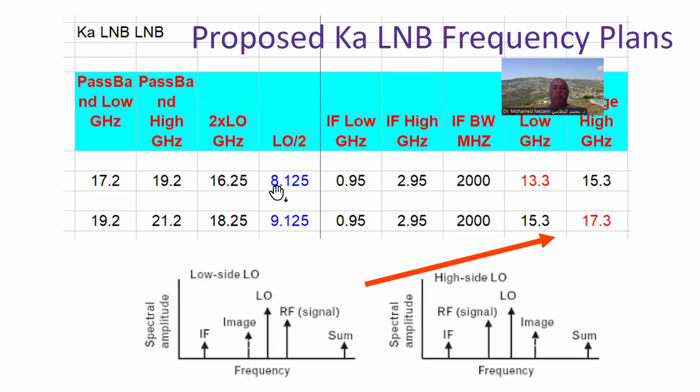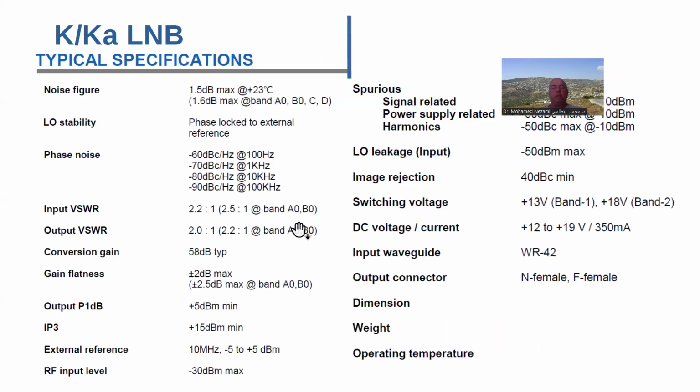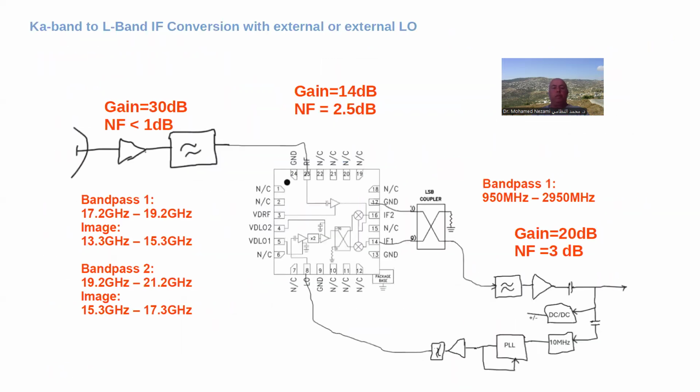They're basically 8.125 gigahertz and 9.125 gigahertz. So I need to generate these in this PLL, either a single PLL to cover both of them, or two separate PLLs. This is yet to be determined.